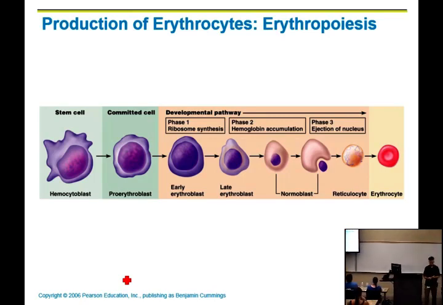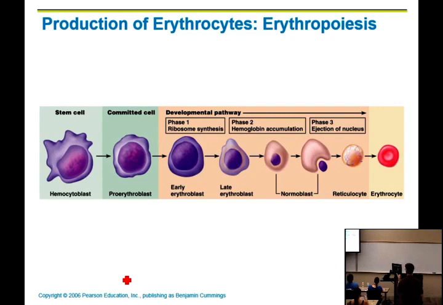Okay? So one of the last things that we were talking about with the blood cells is that they're very specialized cells. They don't have a nucleus in the mature form. They give up a lot of their organelles. And so there are precursor cells that are being created during what's called erythropoiesis. So hematopoiesis is the creation of blood cells overall, but erythropoiesis is specific to the erythrocytes, or the red blood cells.